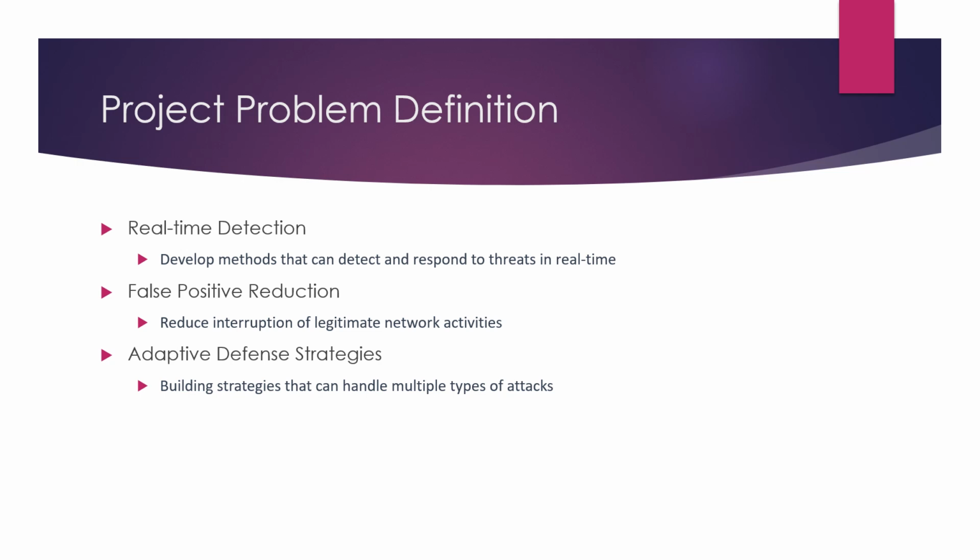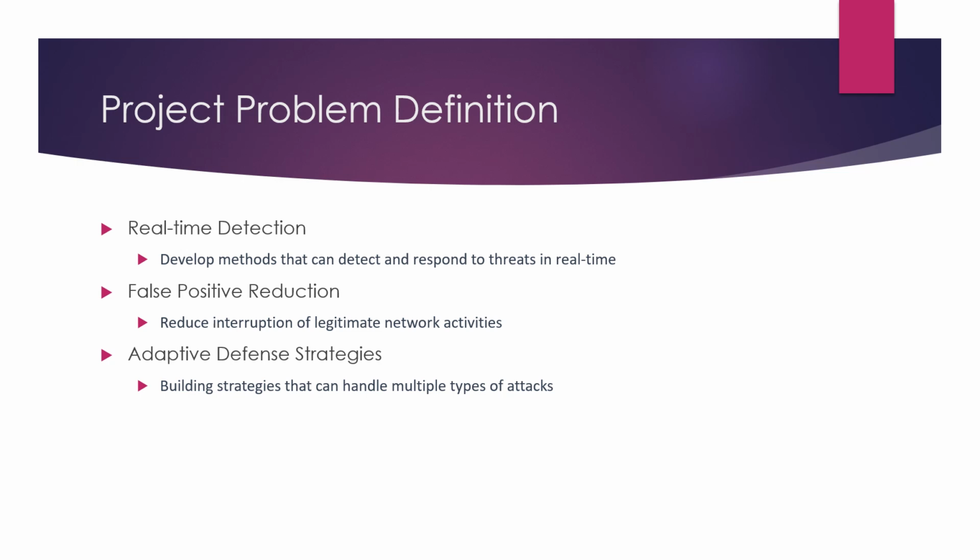On top of that, we want false positive reduction. Speaking about reducing the interruptions to users, we ourselves do not want to overcorrect and intrude on the experience of users. When we flag malicious activity that is potentially benign, we might be interrupting people from their everyday activities.